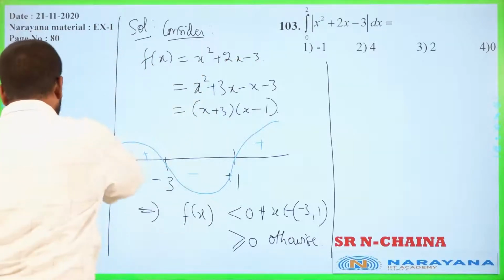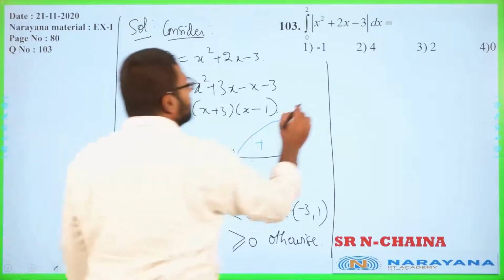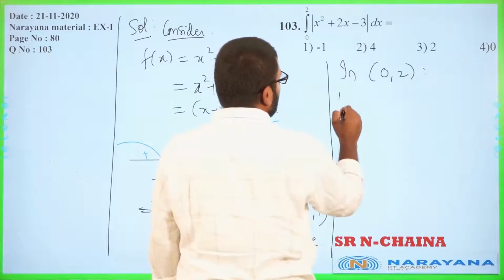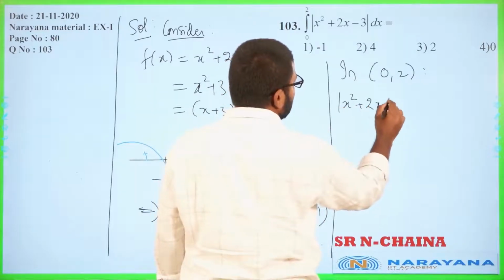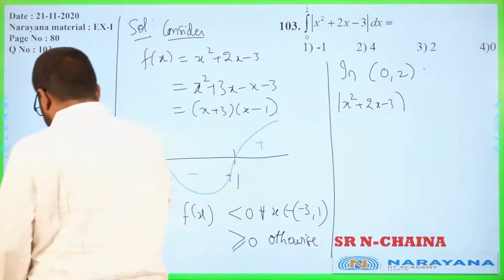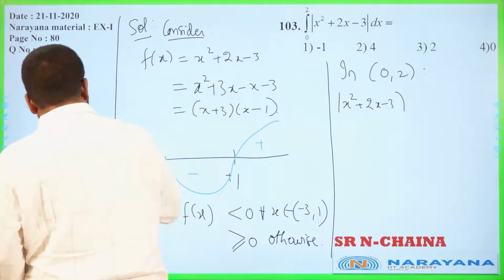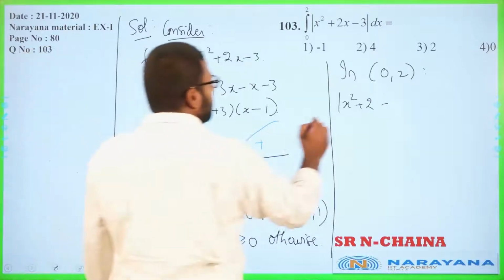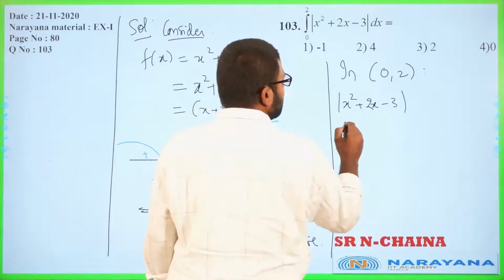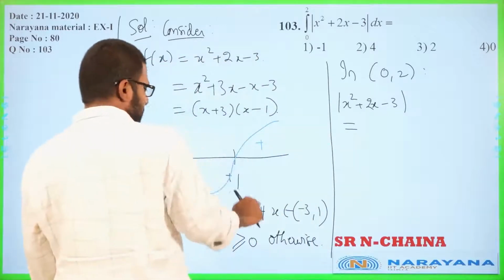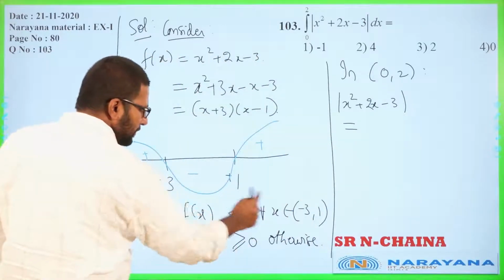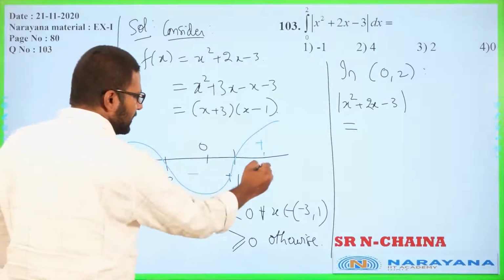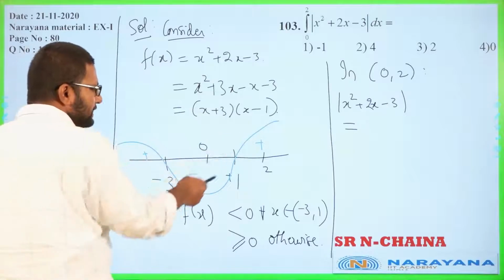Now look at that. In the interval 0 to 2, |x square plus 2x minus 3|, you see f(x) is negative between minus 3 and 1, right? 0 lies somewhere here, 2 lies somewhere here, which means f(x) is definitely changing sign.